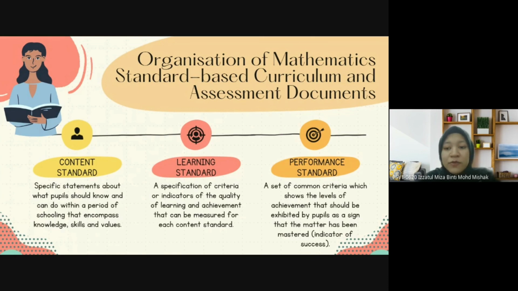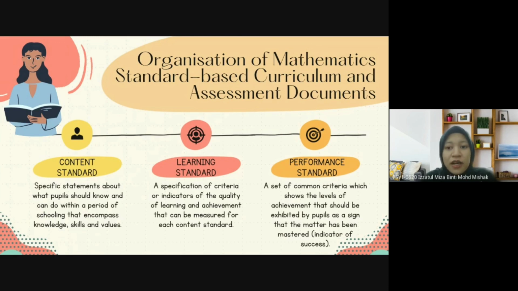And the last one is performance standard. It's a set of common criteria which shows the level of achievement that should be exhibited by pupils as a sign that the matter has been mastered. And this performance standard has its indicators of success.